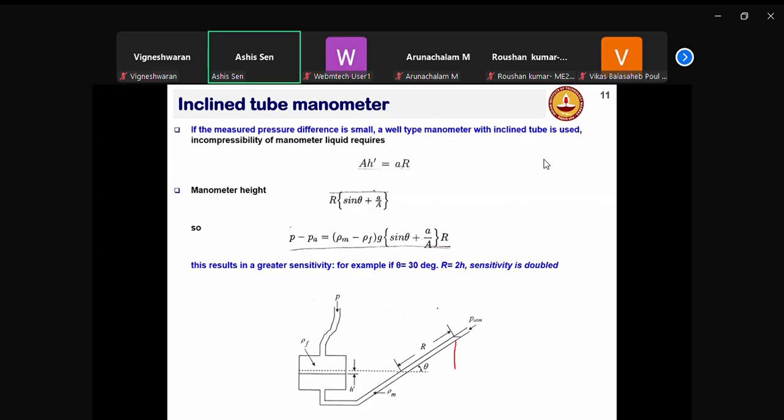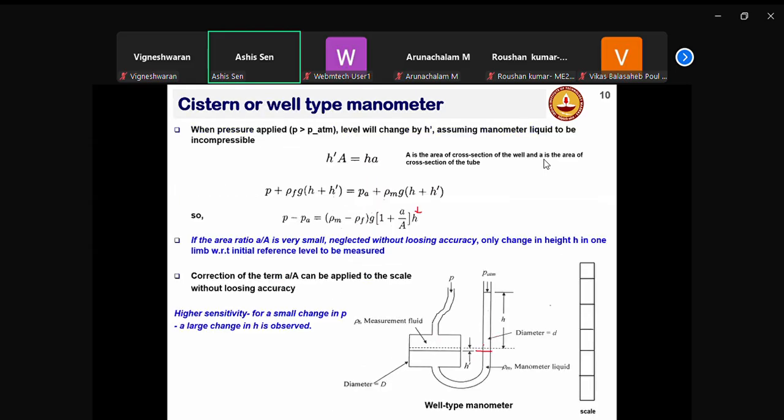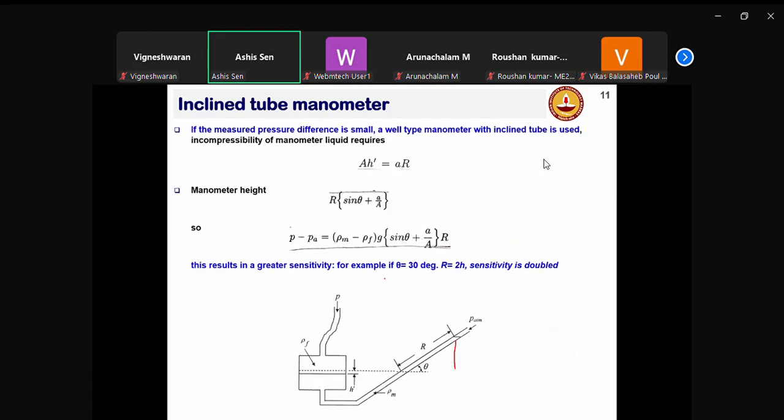Sine 30 is half, so it will become 2H, right? So for the same change in pressure, your length of the liquid column along the tube is doubled. Okay. So as compared to H here, if you make it inclined at 30 degree, this length along the inclined tube will be twice H. So that way, for a small change in pressure, the liquid will rise over a longer distance. That means you are able to measure it much better. That means your sensitivity is increasing.